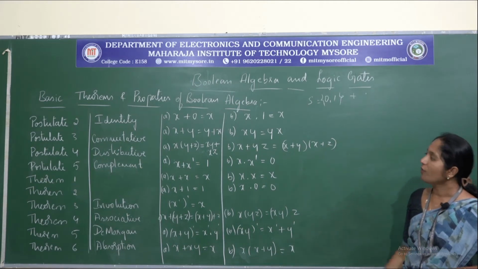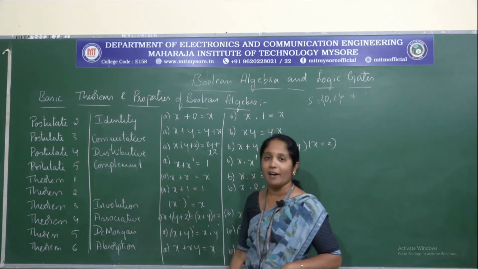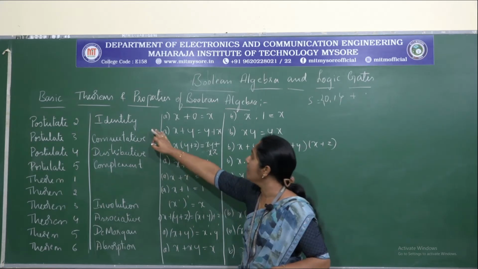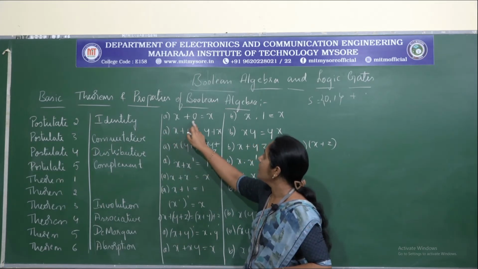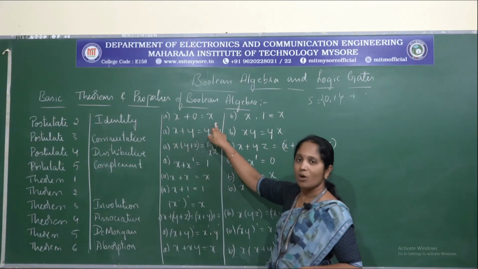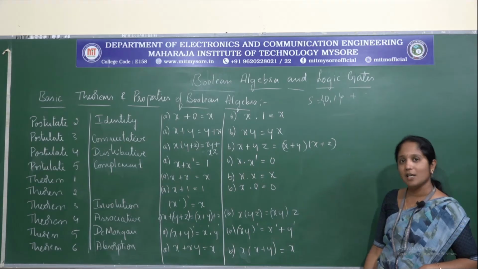Therefore, by default the set is closed with respect to the binary operators plus and dot, so the first postulate is not mentioned here. The second postulate in Boolean algebra is identity. The additive identity is 0, so x plus 0 is equal to x, and the multiplicative identity is 1.